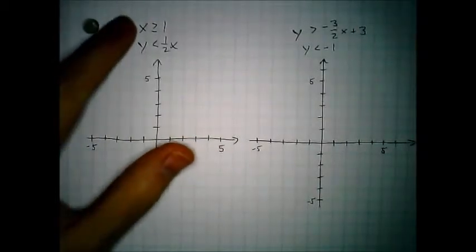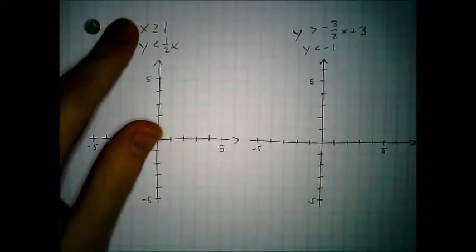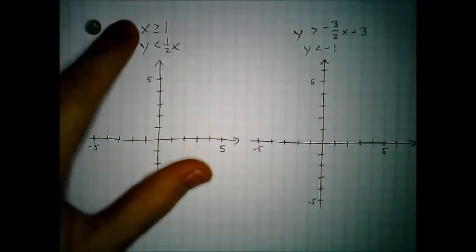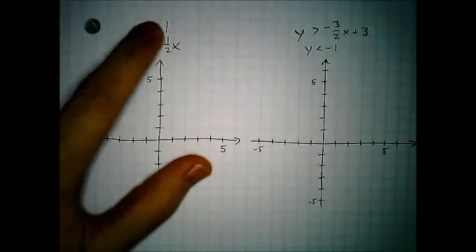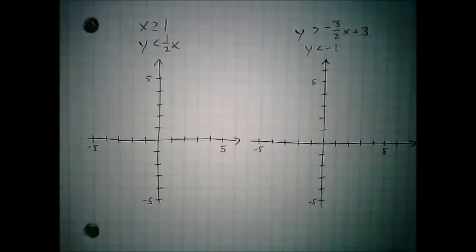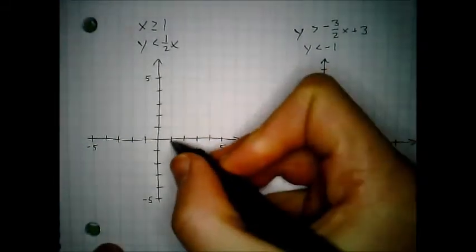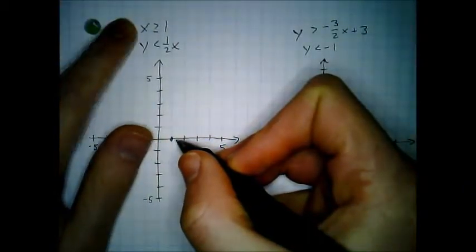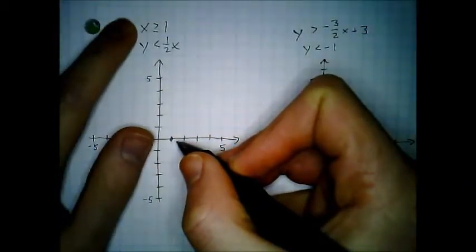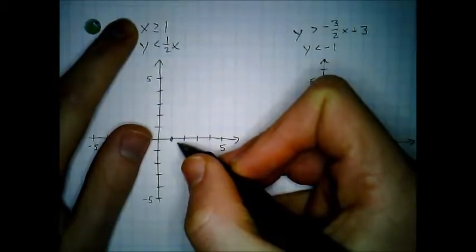Now, this first one might not be something that we're so comfortable with, but really this boundary line is going to be very easy to graph. So we want to know, when will x be greater than 1? So we start with, well, when does x equal 1? Well, x equals 1 here. Okay, so when we have an inequality and we give it a boundary line, we want to graph the line x equals 1.